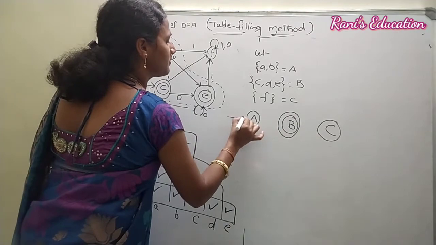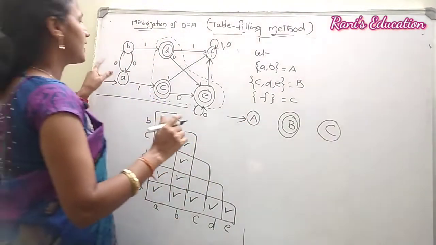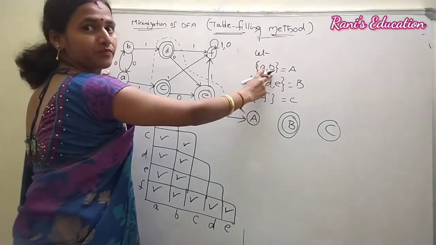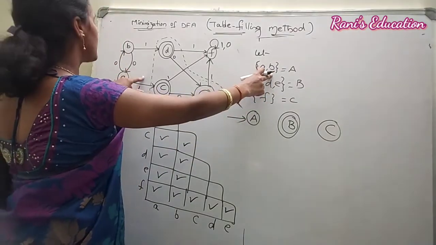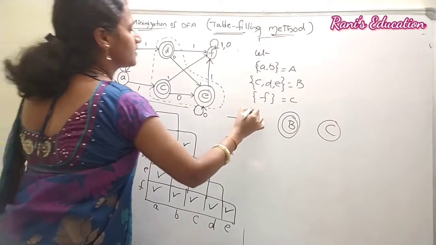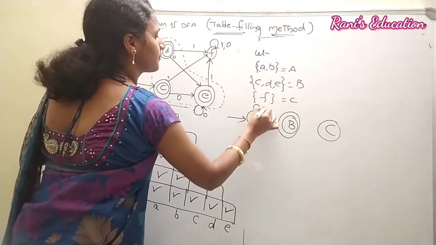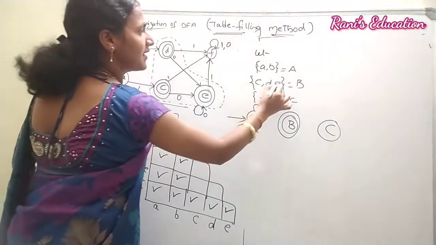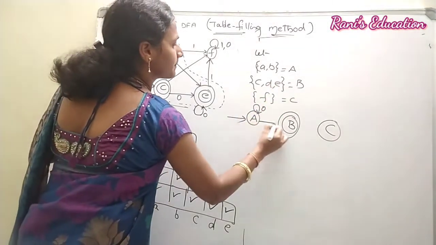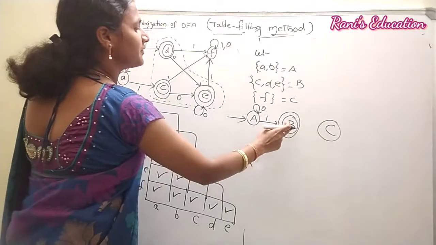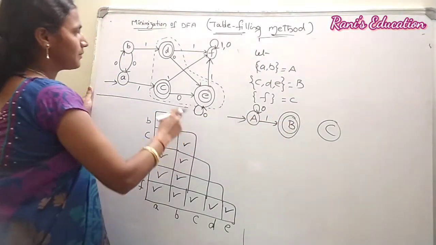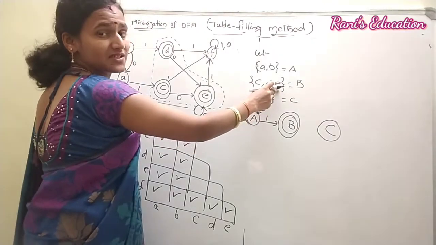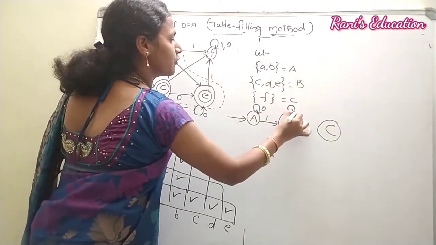Now we are going to give the transitions. So A with 0. What is A with 0? B. So what is B with 0? A. That is self-flow. What is A with 1? C. B with 1? D, that are available in B. So with respect to B state, by getting input symbol 0, we will reach the state B, that is self-flow.